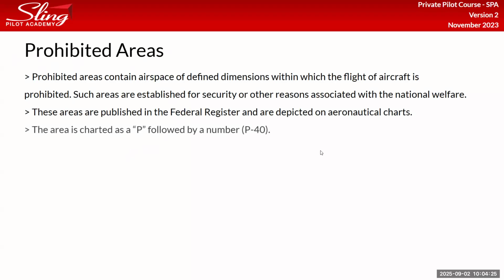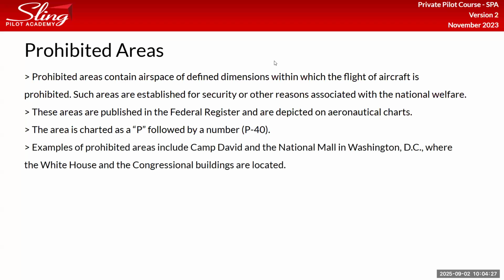They will show a picture after this, but aircraft is prohibited in this area. Pretty clear on that. It's for security reasons and national welfare and so on, but areas like where the White House is, the National Mall in Washington, D.C., Camp David, things like that, under no circumstances are you ever allowed to fly through or will you be cleared to fly through prohibited areas.